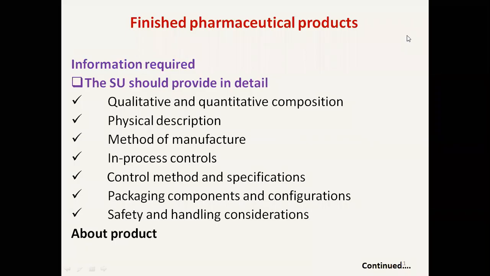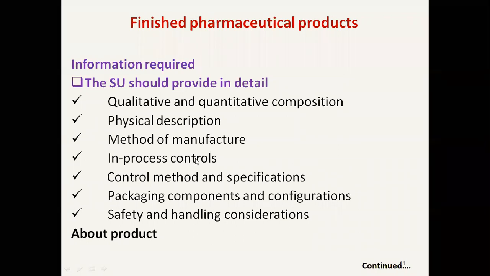What information should we share related to the finished pharmaceutical products? The SU should provide a detailed characterization of the product, including its qualitative and quantitative composition, then its physical description, its method of manufacture, then in-process controls.